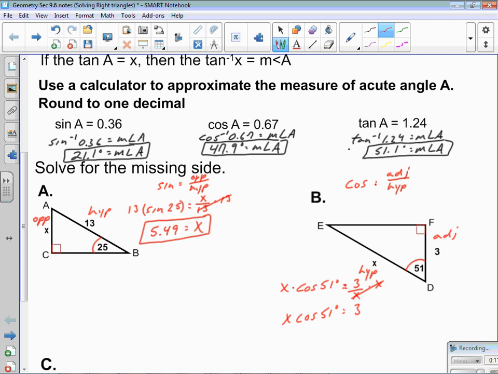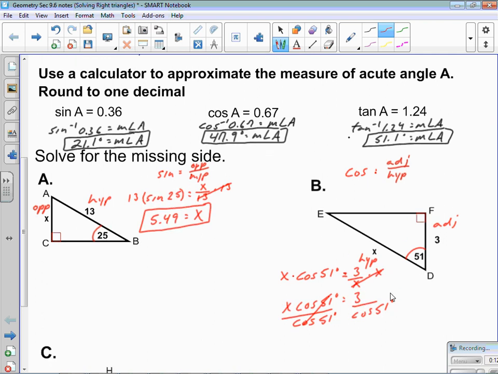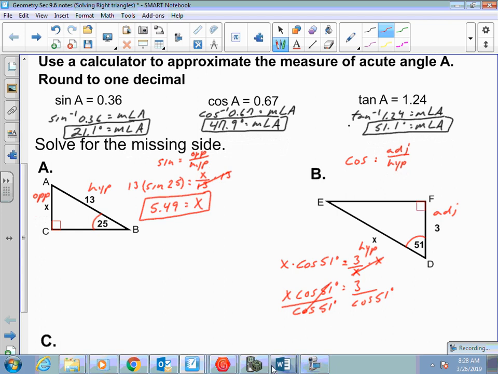And then to get x by itself, we need to move the cosine of 51 degrees over to the other side. So they're multiplying there, so we're going to divide by the cosine of 51 degrees. So my x value is going to be equal to whatever 3 divided by the cosine of 51 is. So that's when we go to the calculator.